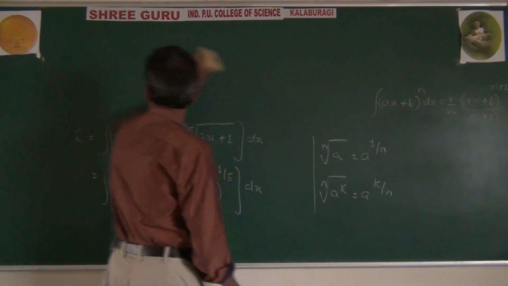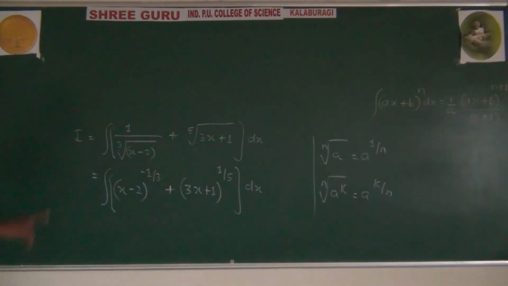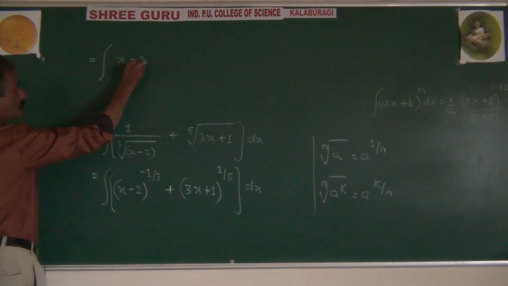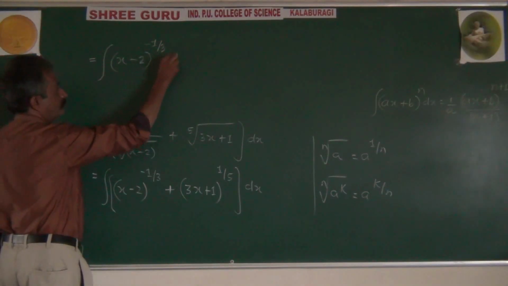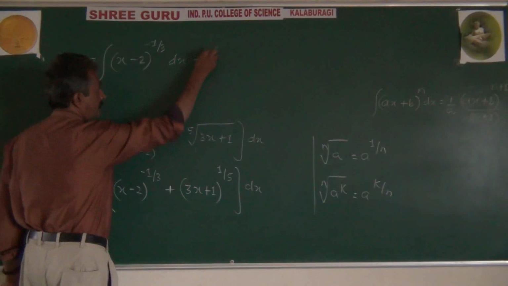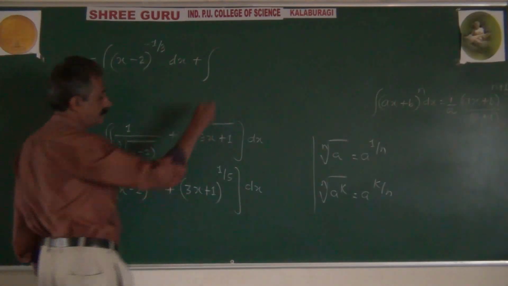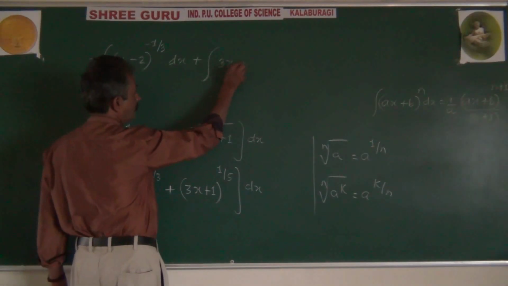Now we can bifurcate into two integrations. First one will be integration of (x minus 2) to the power minus 1 by 3, plus second one, integration of (3x plus 1) to the power 1 by 5.